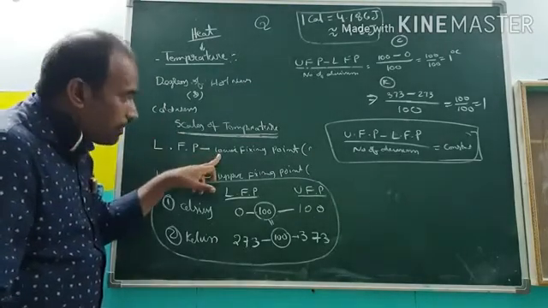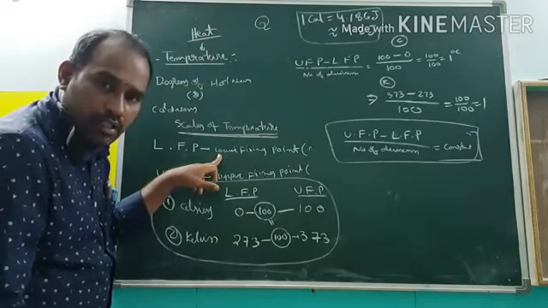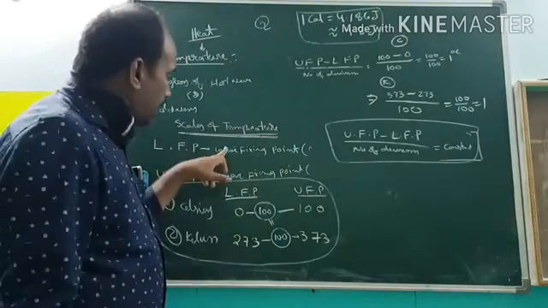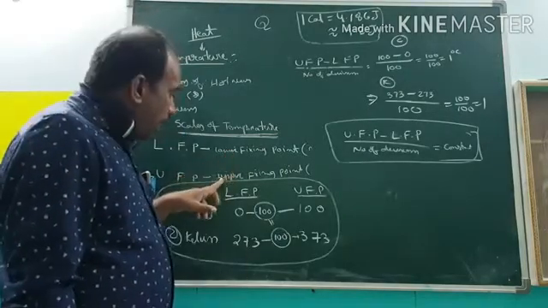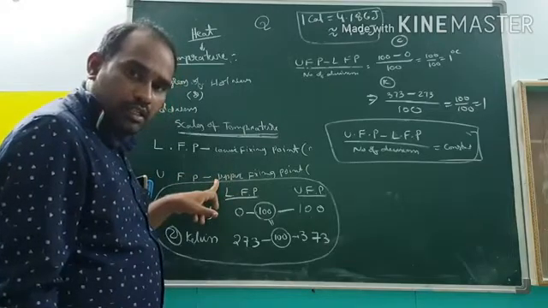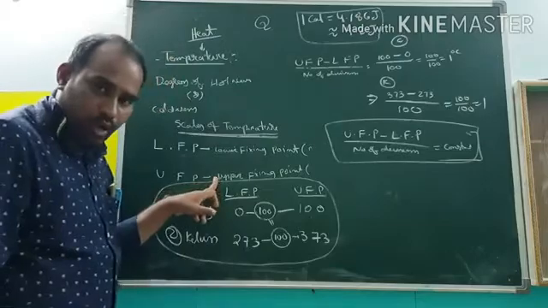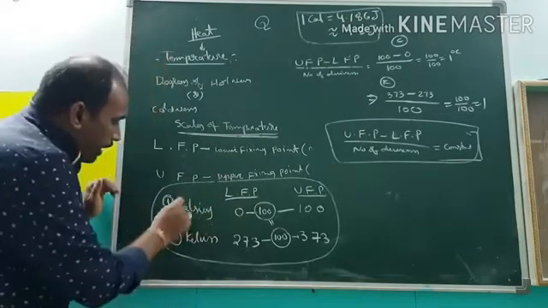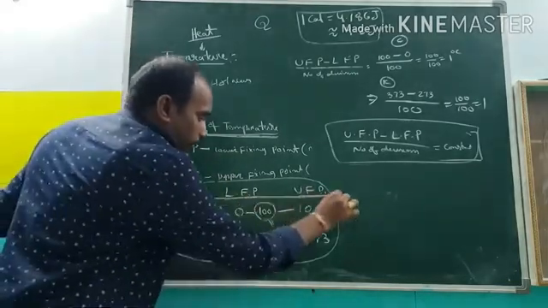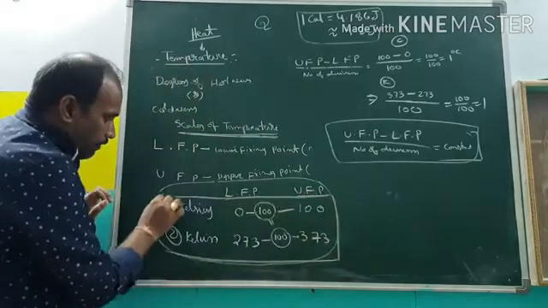What is the meaning of the lower fixing point? The melting point of ice is taken as the lower fixing point. The boiling point of water is taken as the upper fixing point. Based on this, we construct the scale of temperature.